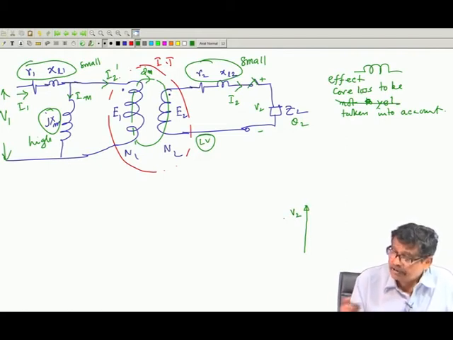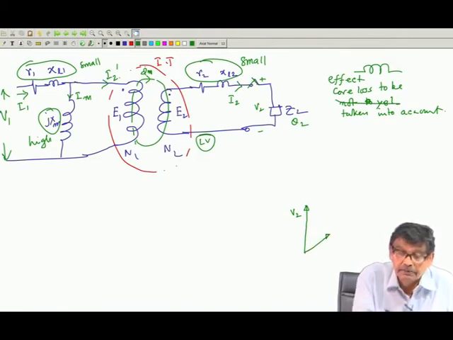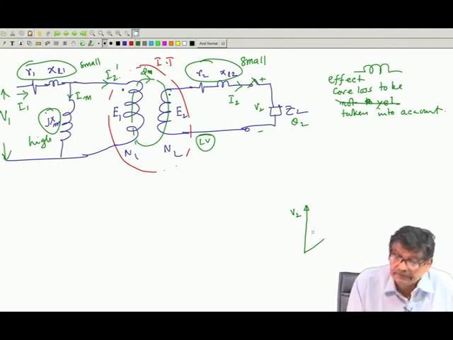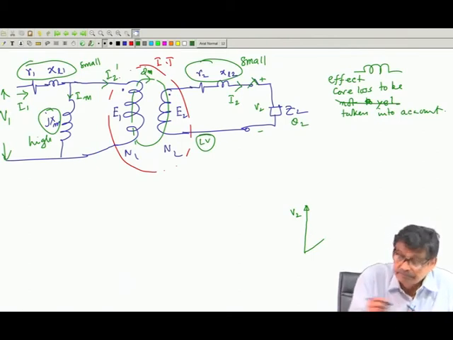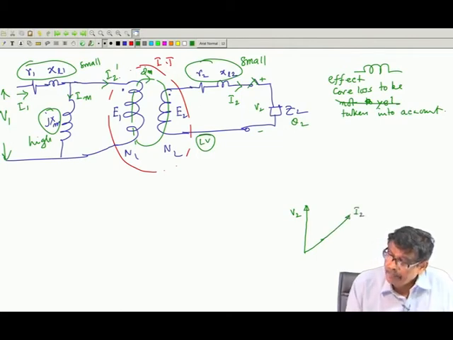I know the load power factor angle, so I will sketch I 2. Let me draw it larger, because the low voltage side current is higher. Suppose this is I 2. All are phasors, I am not putting those words.